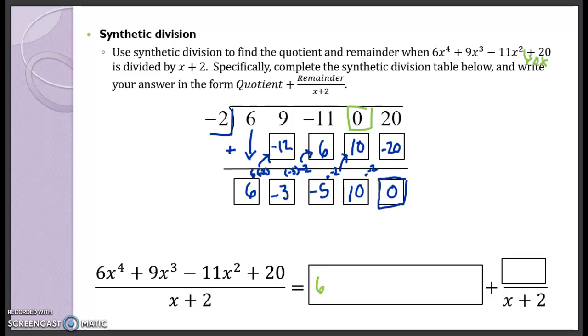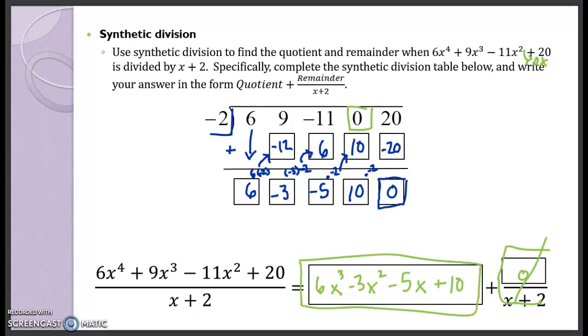It's going to be 6x cubed minus 3x squared minus 5x plus 10 plus 0. So we actually don't even need this piece. And this becomes our completed division, where we increased the degree for each of those numbers that we got. So that is synthetic division.